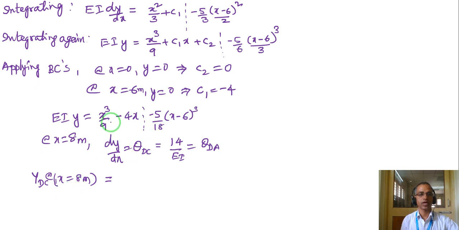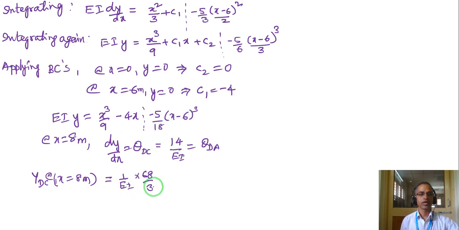So I get ydc is 1 by EI times, substituting here, 8 cube by 9 minus 4 into 8 minus 5 by 18 into (8 minus 6) cube.